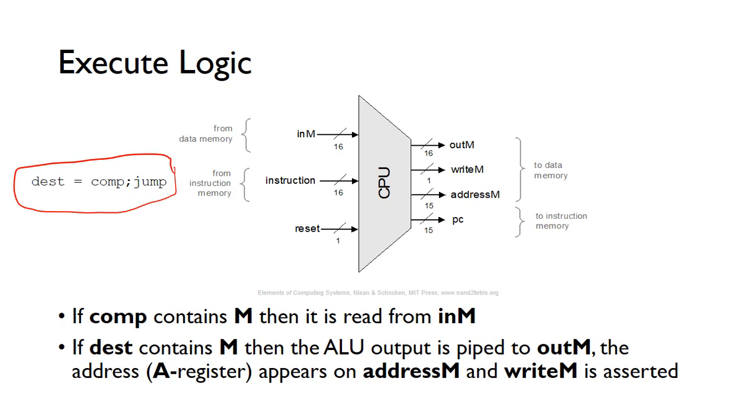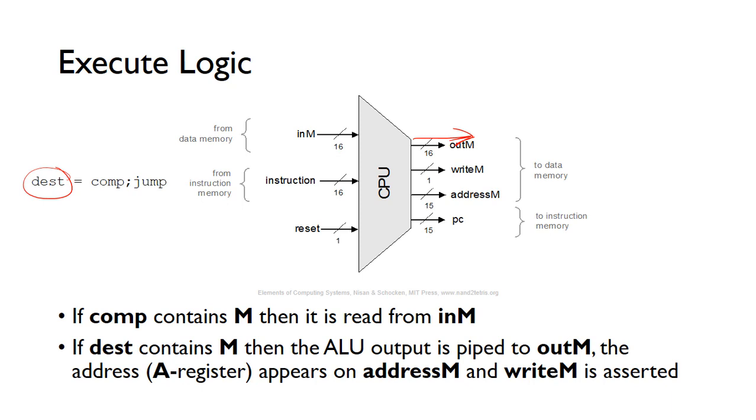If the computation contains M, M is obviously referring to the memory, so if we're doing a computation that contains M, we need to read data from the RAM here. And if the destination contains M, that means the output is going to be written to RAM, so we're going to have some data coming out to RAM.